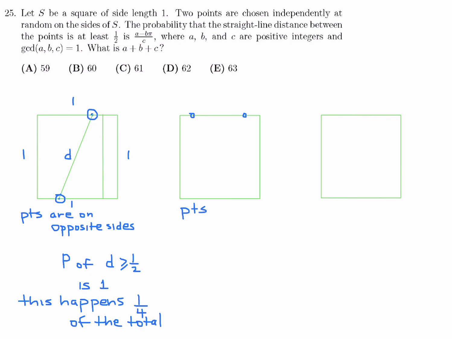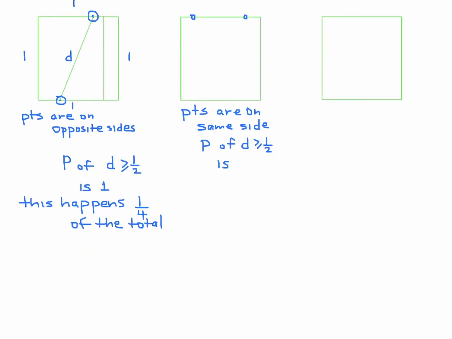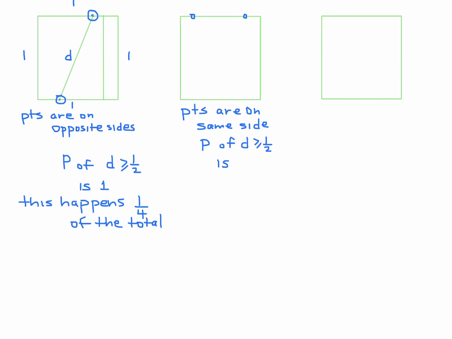Let's call this point A and this one B. Clearly, for the distance AB to be greater than a half, B has to be greater than or equal to A plus a half.